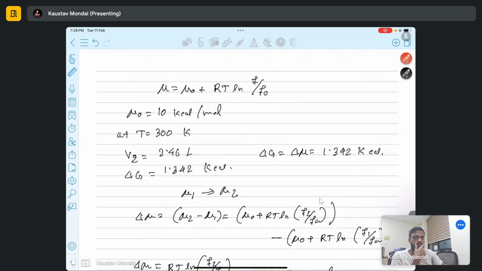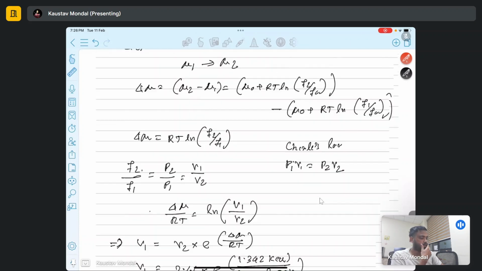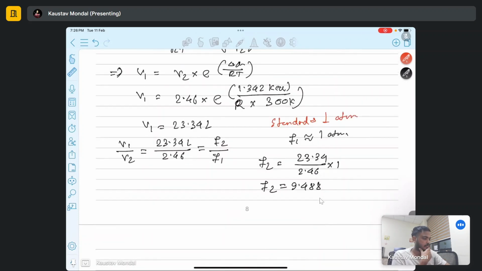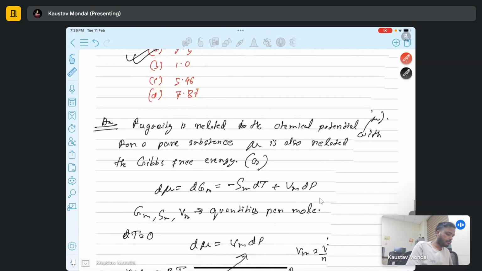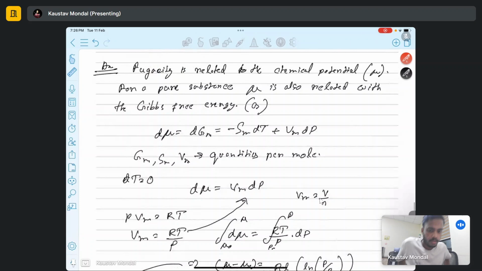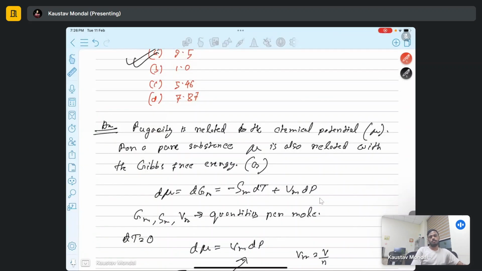So this gives you the correct answer, 9.488, in atm, right? So the main thing is how you calculate. Many things are related to each other, so you have to use all of these relations in order to calculate the final answer.